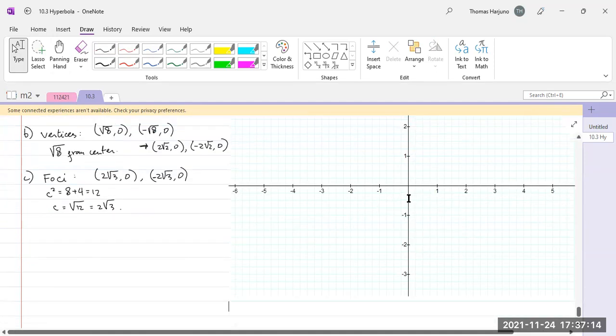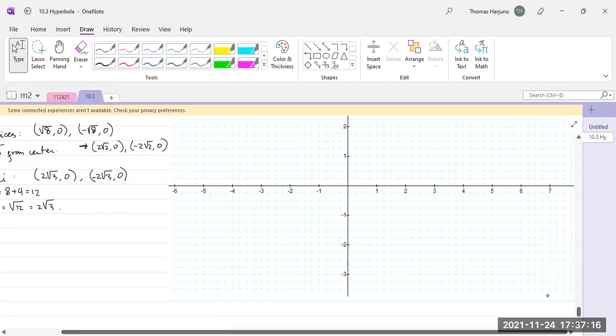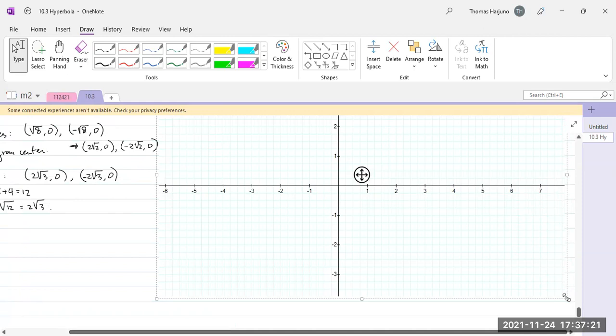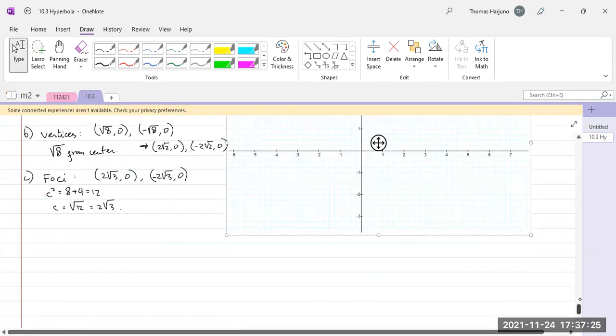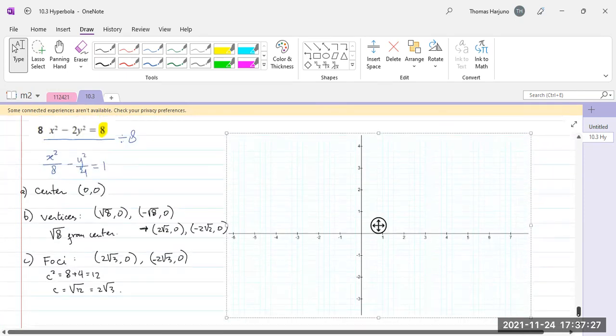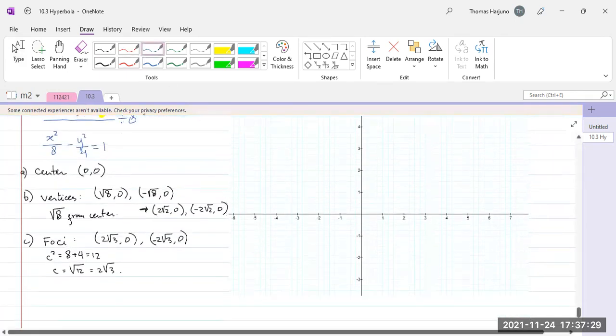If I use my coordinate system, then the vertices are square root of 2 times 2, that's 2.83, so it's approximately here.